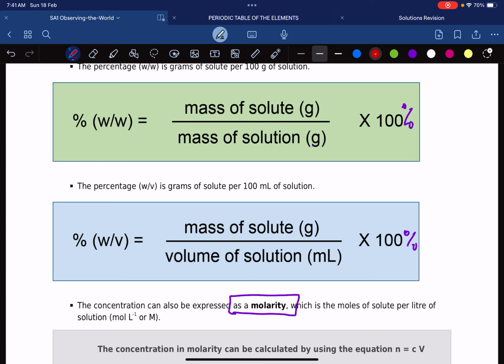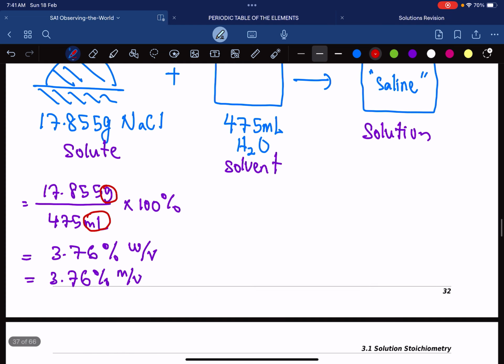Mass of solute divided by mass of solution. Now in this case, we need to make an assumption. The assumption is that 475 ml of water is the same as 475 grams, because we are assuming that 1 ml of water is the same as 1 gram of water.